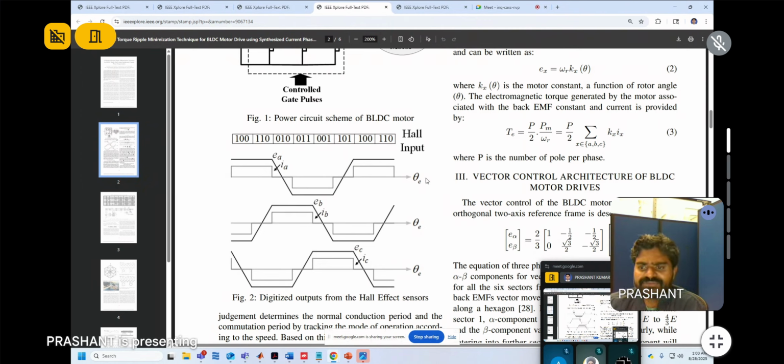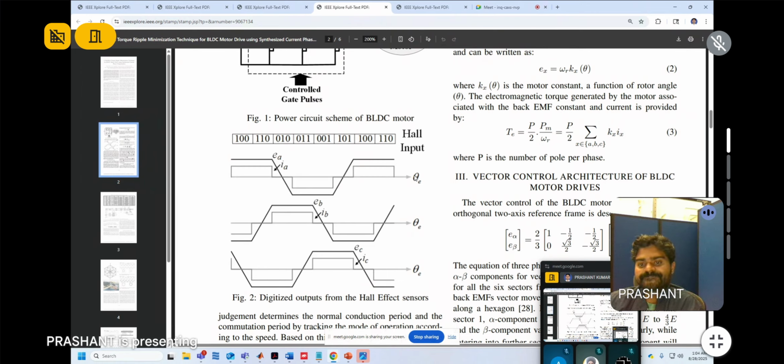And from here we will see how we obtain theta. What is theta? Theta is the angle with which the rotor is rotating. Suppose we have the rotor rotating with some angle, so this represents the angular orientation of the rotor of the permanent magnet brushless DC motor drive.